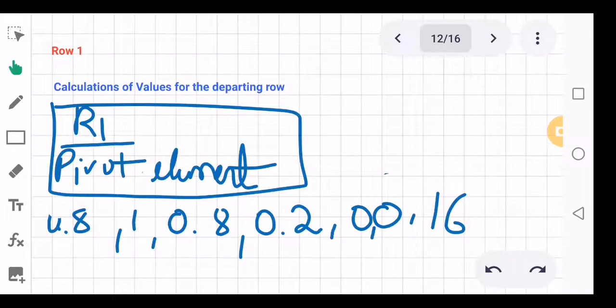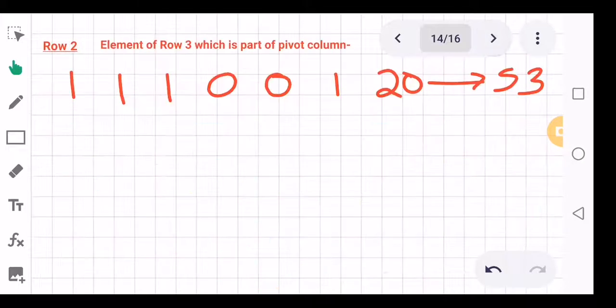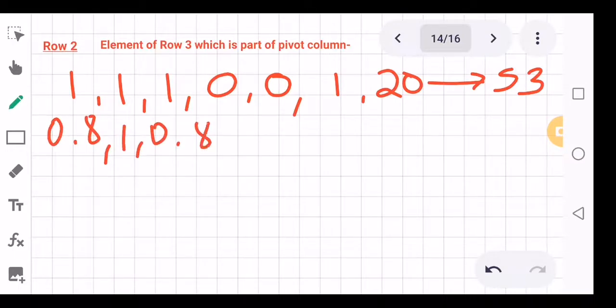The same thing, I'm going to write it down. I'll put a comma here so that there's no confusion. So it is 0.8, comma 1, comma 0.8, comma 0.2, comma 0, comma 0, 16.